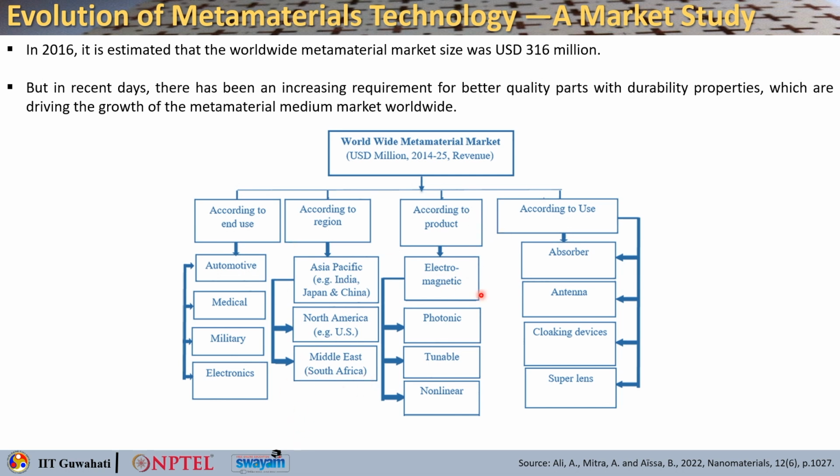According to the product, there is a big segment in electromagnetic metamaterials, photonic, then there are tunable metamaterials and nonlinear metamaterials. And the majority of the applications are focused towards absorbers, metamaterial antenna design, cloaking devices and making superlenses.